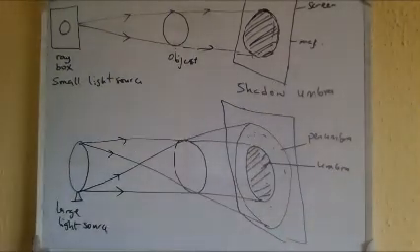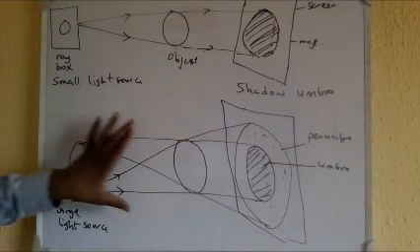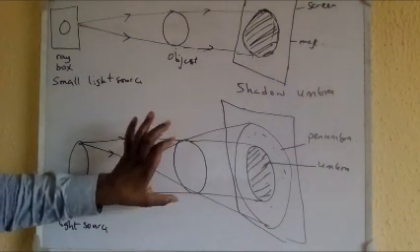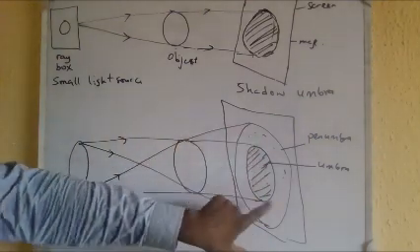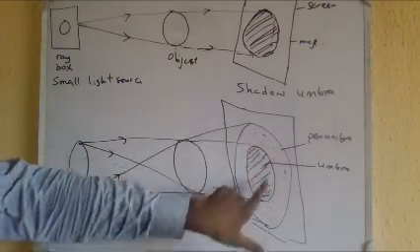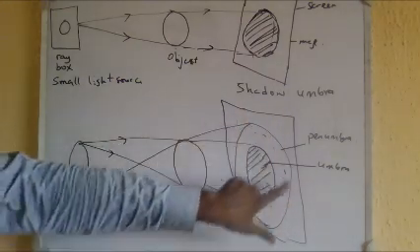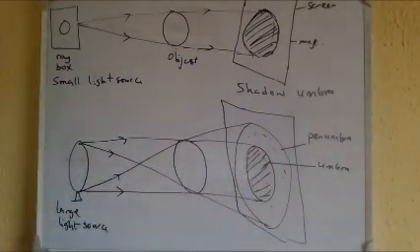The difference is that because it is a big light source, the rays incident directly on the tips of the object will go ahead and form the umbra, the thick dark shadow. Now there's also another kind of shadow formed outside it that is hazy. It is formed by the penumbra.